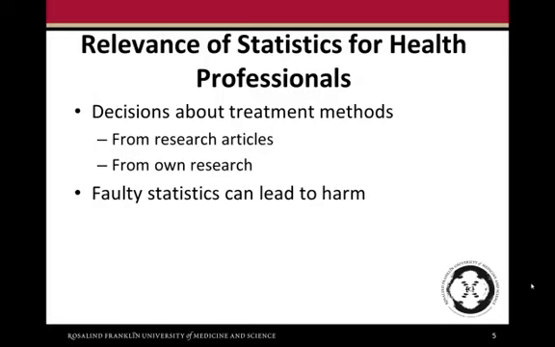And so why should health professionals care about statistics and having an understanding of statistics? It's important because decisions about treatment methods are derived both from research articles and from one's own research, and the ability to understand these statistical approaches and statistical results is critical, because faulty statistics can actually lead to harm.